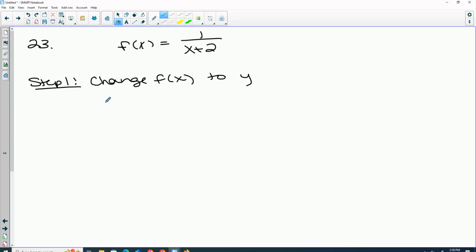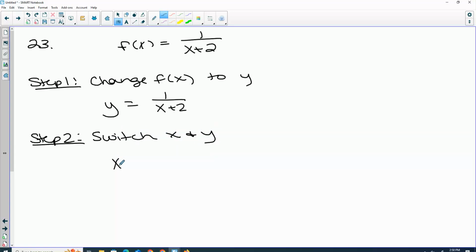Okay, so y equals 1 over x plus 2. Step 2, you switch x and y. So x equals 1 over y plus 2.